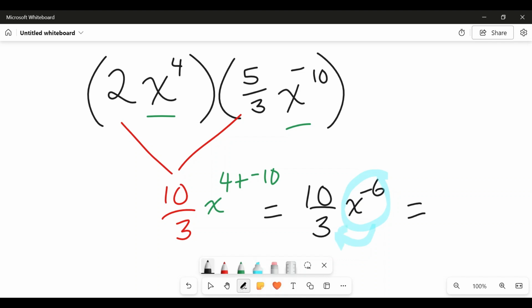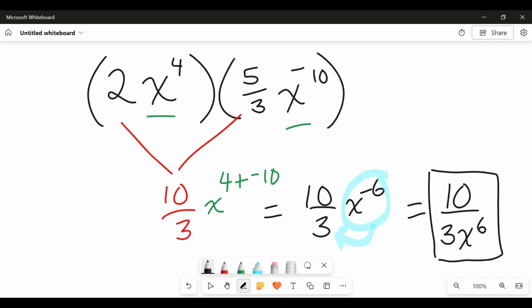So my final answer would be 10 over 3x to the 6th. And positive because I had to put it under the fraction mark. I had to put it under along with the 3. So whenever you have a negative exponent, you bury it to the bottom of the fraction.